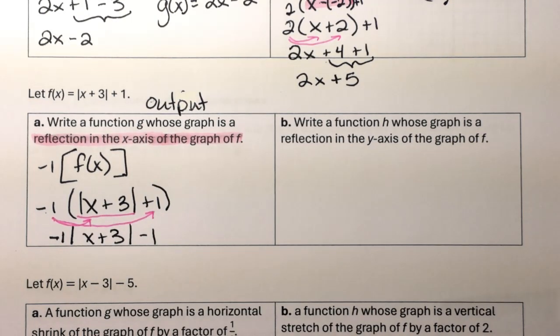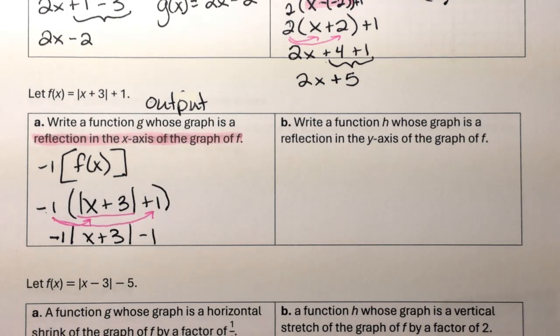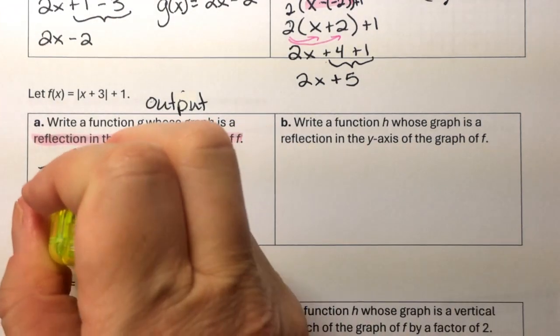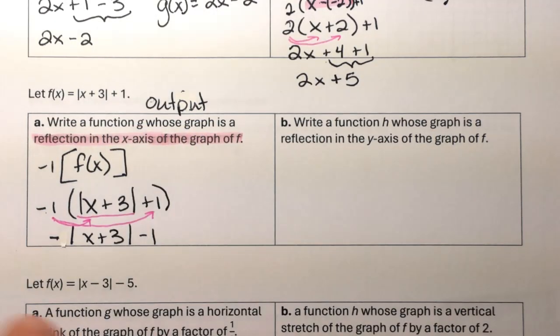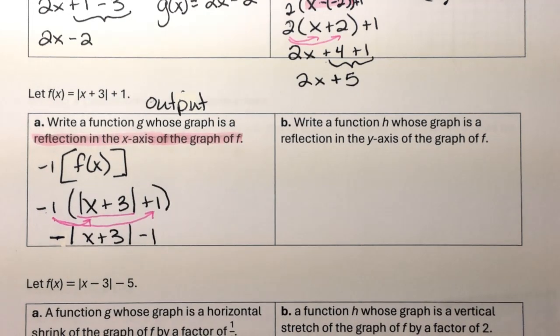However, you don't even have to put the -1 there. If you have just the negative, that is technically the professional way to write it, but I know it bothers some of you if I start dropping ones. All right, so technically that's how it looks, the negative absolute value of x plus 3 minus 1.